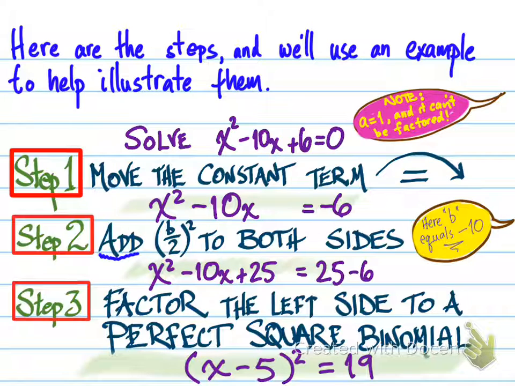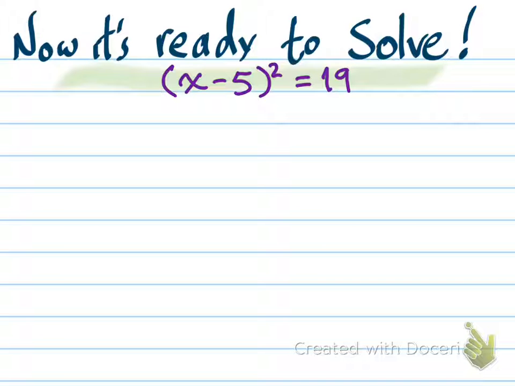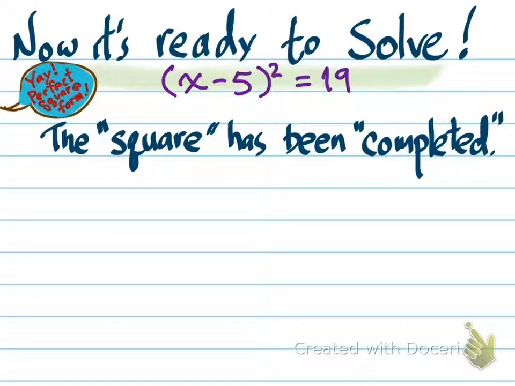We have taken the standard form version of the equation and converted it into perfect square form, and it is ready to solve. That's good news. They're easy to solve. And this is why it's called completing the square: by adding that number, we have completed the perfect square on the left side, and we can factor it as a binomial squared.